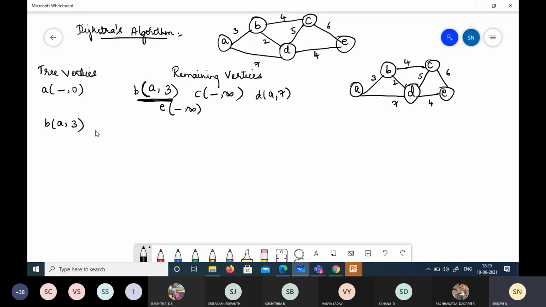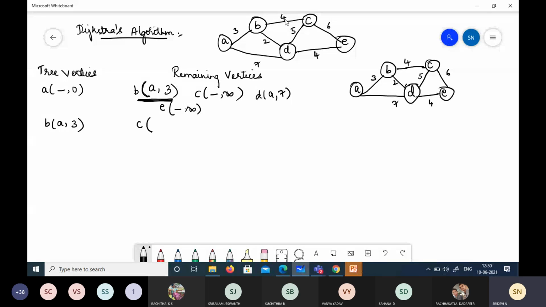Now from B, A is already done. A to B we have selected as the shortest path. From B we will check which paths are available. Is it possible to reach C through B? Yes. The length is 4.